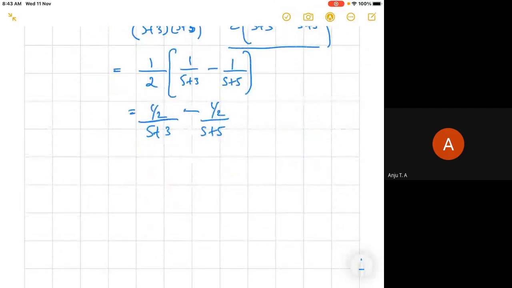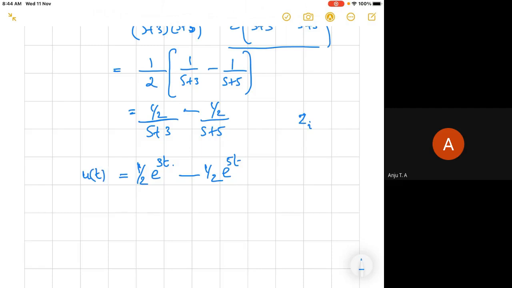You can just replace, or if you go the procedure way, you take the inverse unilateral Laplace transform of this, so that becomes 1 by 2 into e raised to minus 3t u(t). If it is a unilateral Laplace transform, you need not write that, minus half into e raised to minus 5t u(t).